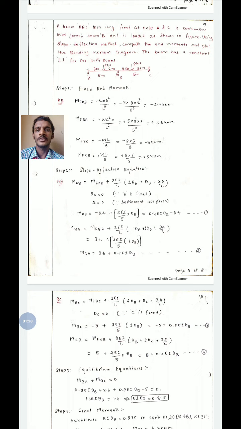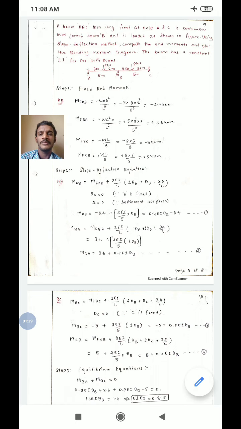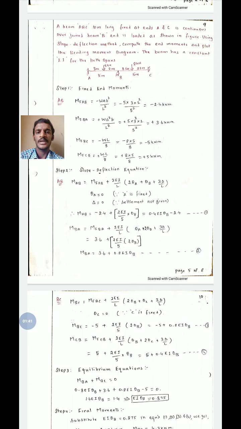Substituting the given load values and span value, we get the final answer as M of AB equal to minus 2.4 kilonewton meter and M of BA as plus 3.6 kilonewton meter. Similarly, for the BC portion, the point load is acting at the center of the span.